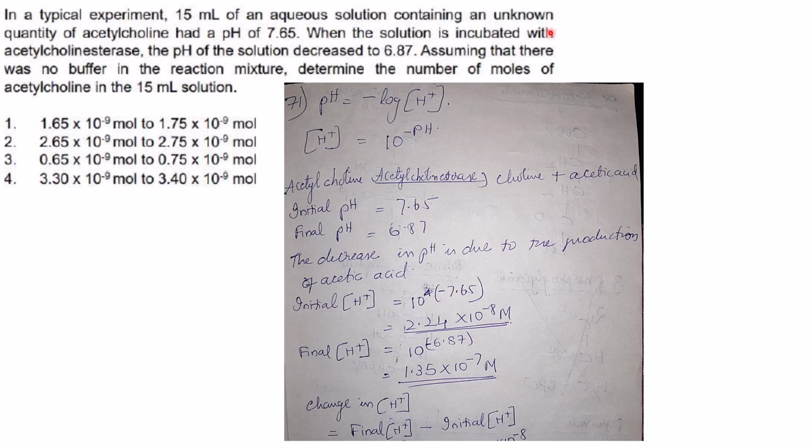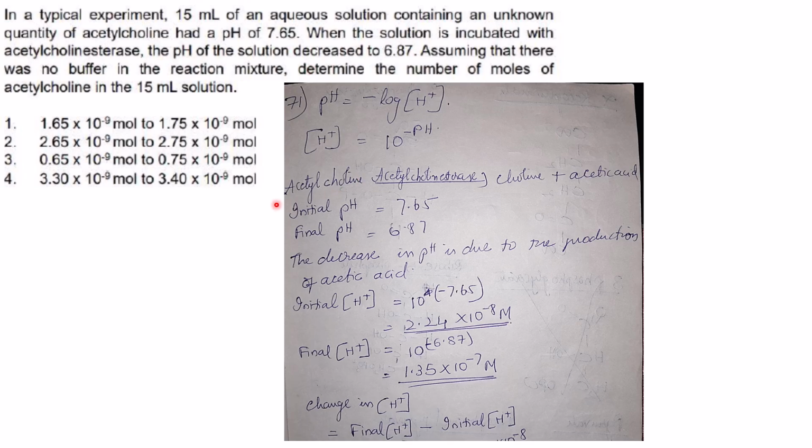So you have to determine the number of moles of acetylcholine in the 15 ml solution. So here, first what they have done is acetylcholine was taken, to that acetylcholine esterase was added and the pH has decreased. Why?